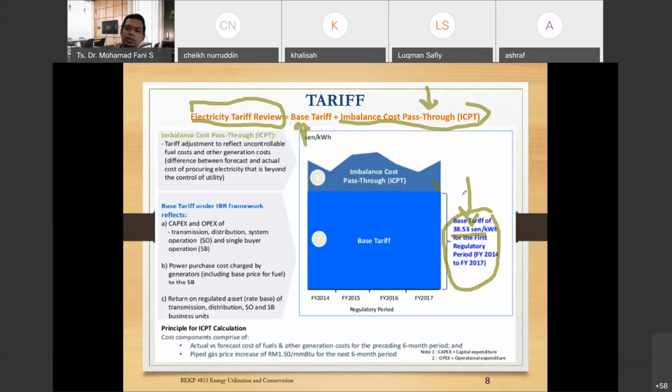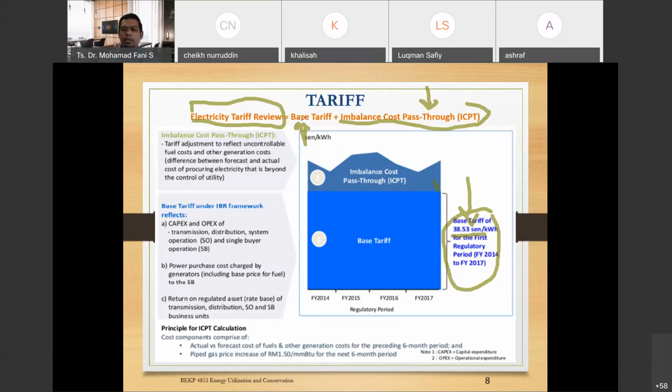So they can give the discount under the structure of the IBR system.